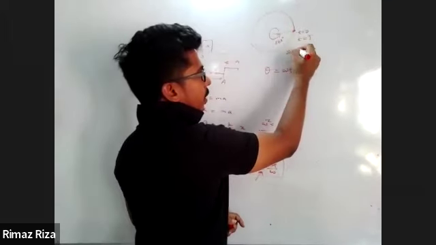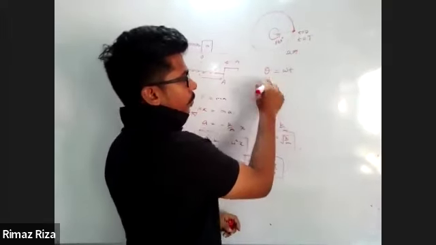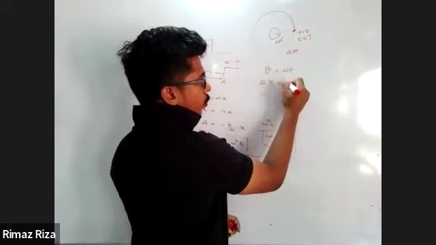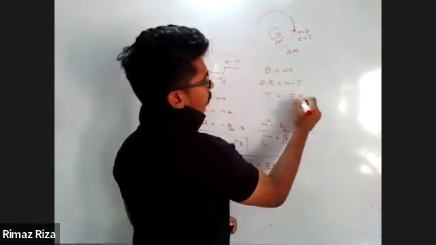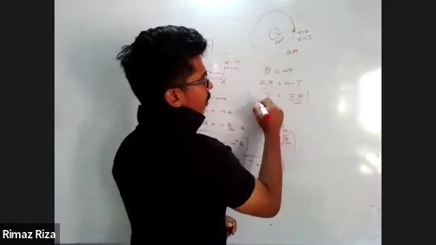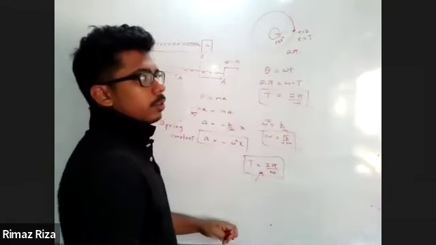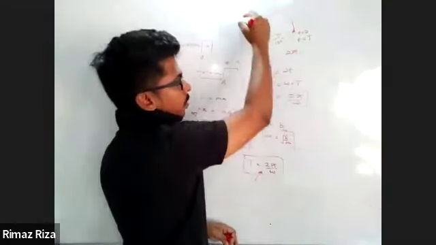That's in radians 2 pi, right? So therefore, 2 pi equals omega times T. T equals 2 pi over omega. If you want to note down, you can write this in the side note.